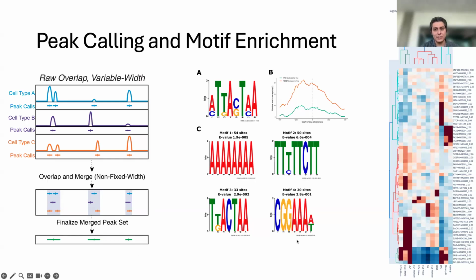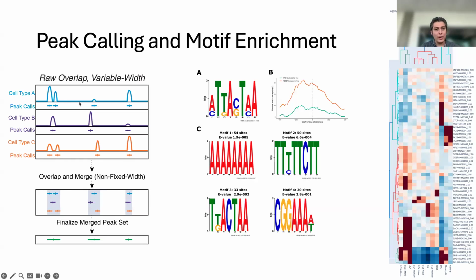Once you have those peaks done, one of the powerful things about ATAC is that you can then ask: there are all these motifs for transcription factor binding sites that I already know from previous experiments, from databases, from annotations, that I know are important, or that I'm curious about how these transcription factors interact with my particular data set.